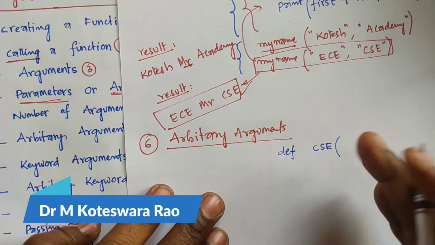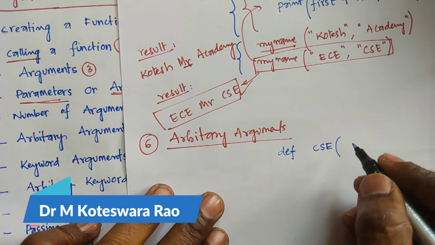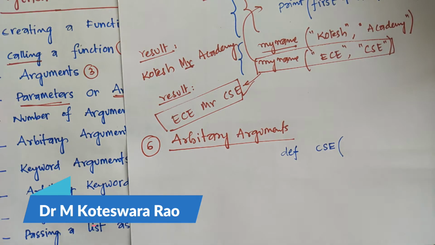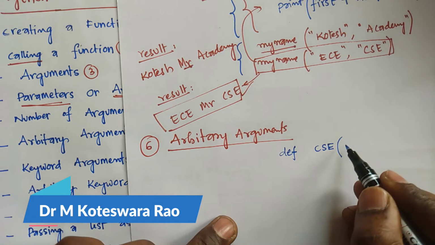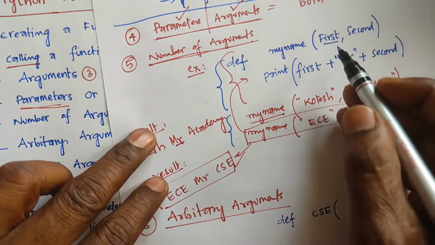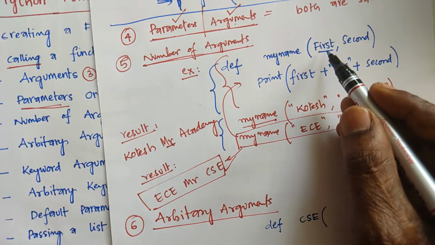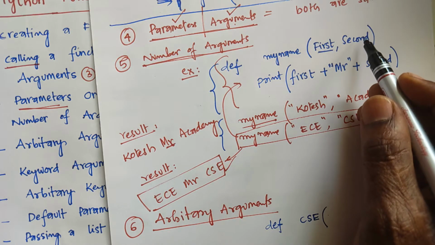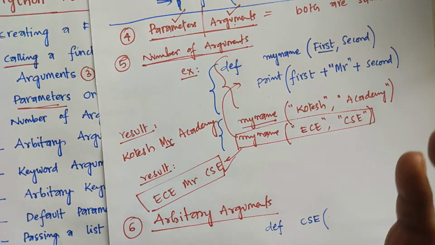In CSE there are many students. At this moment I have a finite number of parameters. I know how many parameters I have, for example student 1, student 2, student 3, like that.